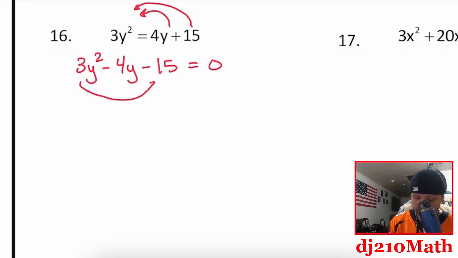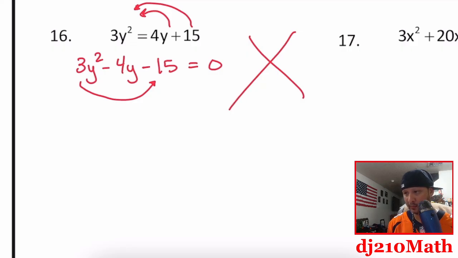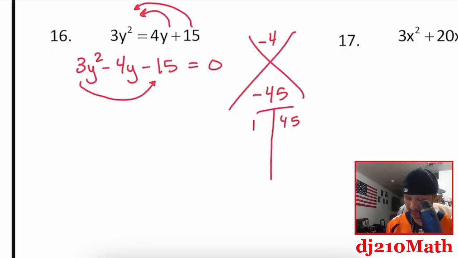So we slide the 3 over. 3 times negative 15 is negative 45, which has to add up to negative 4. Ways to multiply to make 45: 1 and 45, 2 doesn't work, 3 works, obviously 3 times 15.